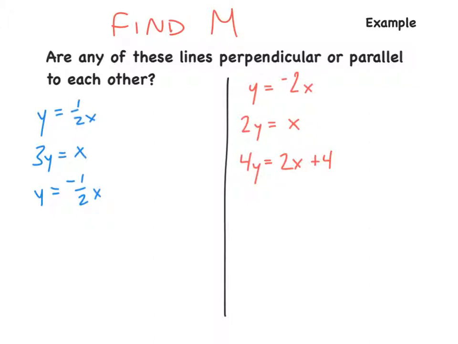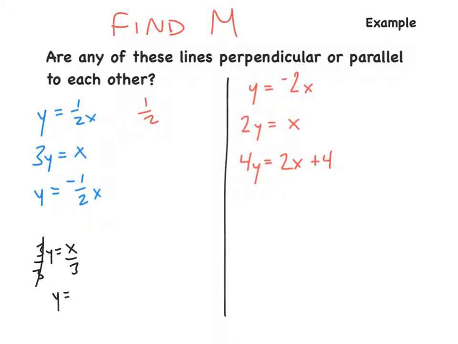Slope of this first one is 1/2. The slope of the second one, remember I need y by itself, so I'm going to have to divide by 3. I'm going to do that a little bit down here. So if we have 3y is equal to x, we're going to have to divide by 3.